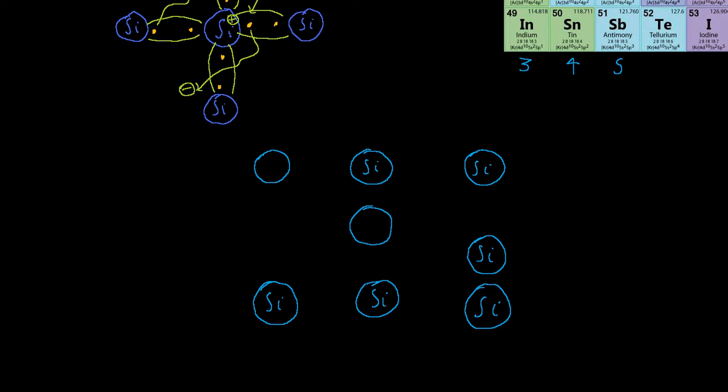Now here we replace this with a boron atom. This boron atom, and here still silicon. And now silicon, let's count 1, 2, 3, and 4 electrons. Now boron would have 3 electrons. So we have 1, 2, and 3.